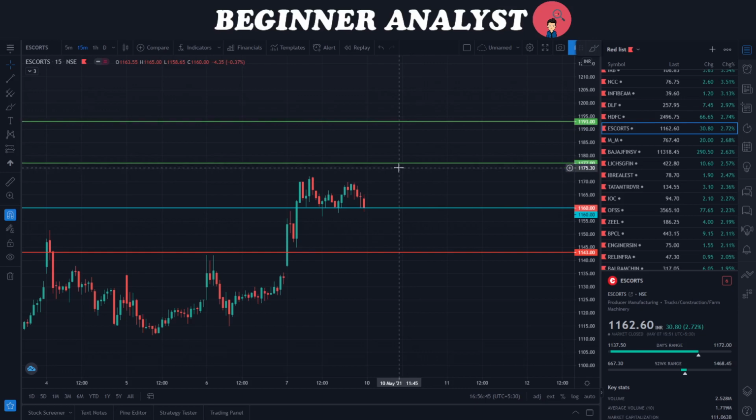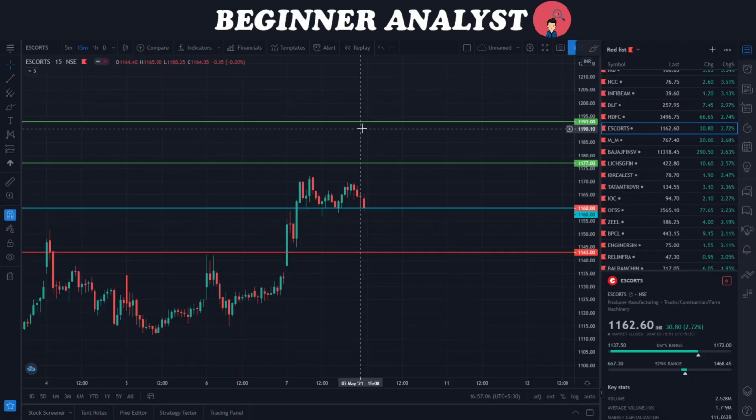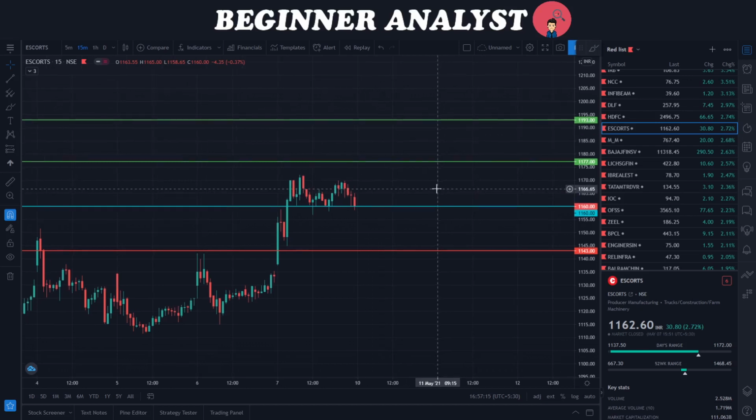If we count it properly, it will be 17 into our shares, which is 60, so you'll make 1020 on target 1, and next is 33 into 60, so you'll make 1980 on target 2. This happens because of rounding off, because you can't just put in point values. So that's how I trade. This is what I use, and I hope this is helpful for you guys too.